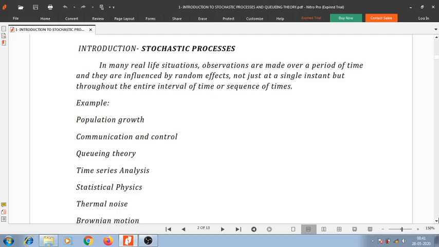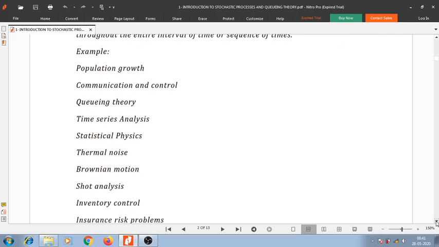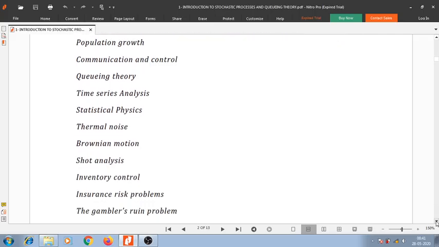One is population growth, communication and control, queuing theory, time series analysis, statistical physics, thermal noise, Brownian motion, shot noise analysis. These have many applications for mechanical and electrical people. And again, inventory control, insurance risk problems, the gambler's ruin problem.